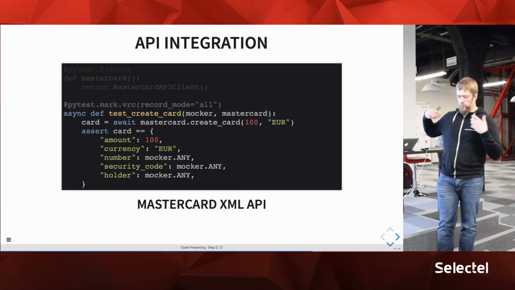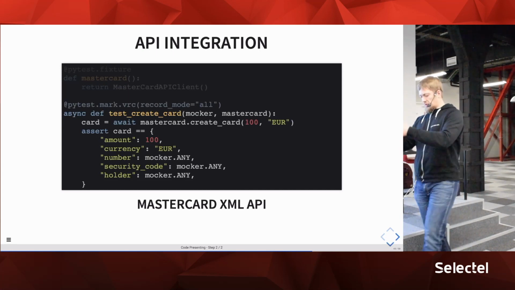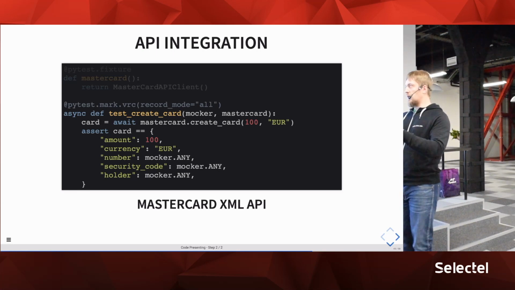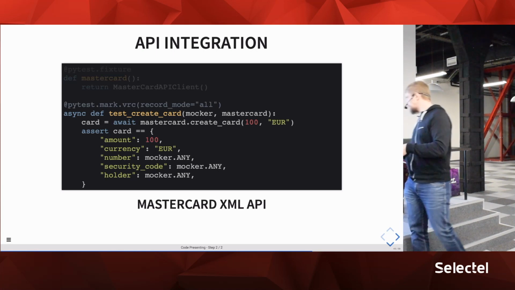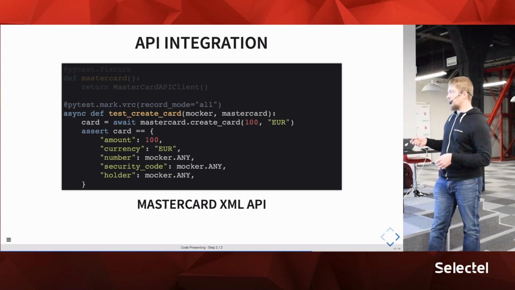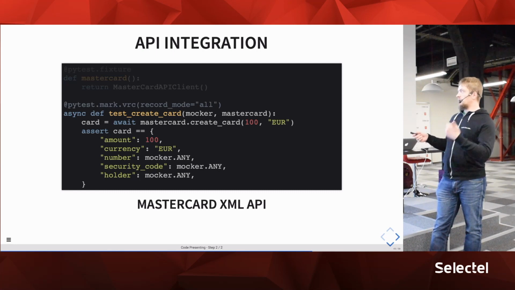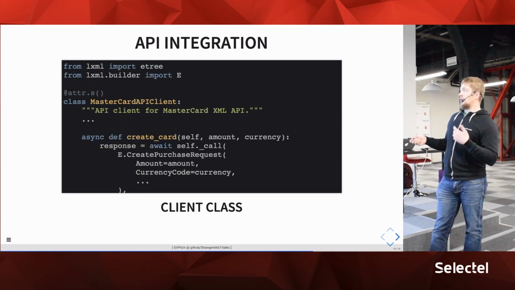So I imagined that this MasterCard instance will have a method that will asynchronously create a payment card for me, just as an example. I wrapped it in a VCR mark and ran the code.